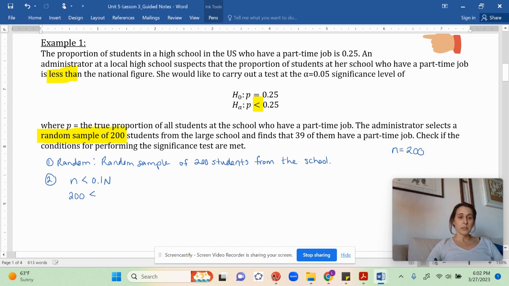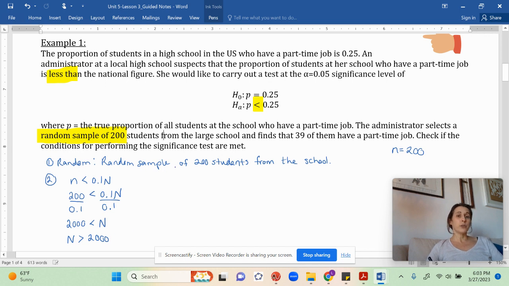Well, 200 is less than 0.1 N. Feel free to use your calculator. To get uppercase N by itself, we divide by 0.1 on both sides. And 200 divided by 0.1 is 2,000, less than N. Or I can rewrite that as N is greater than 2,000.